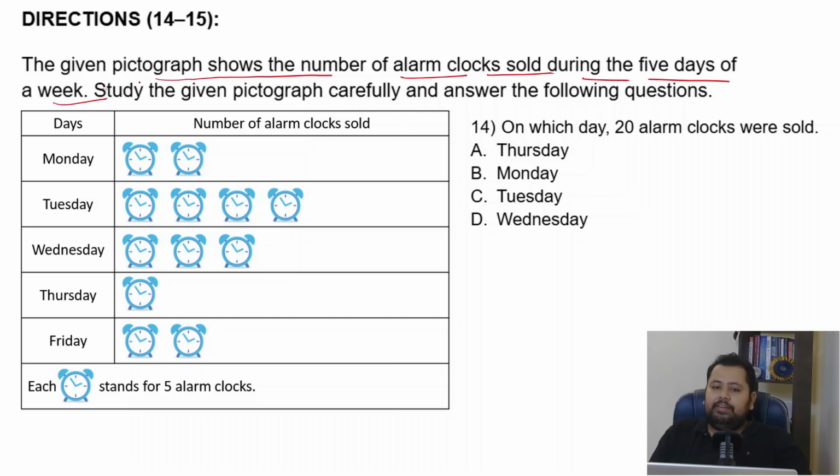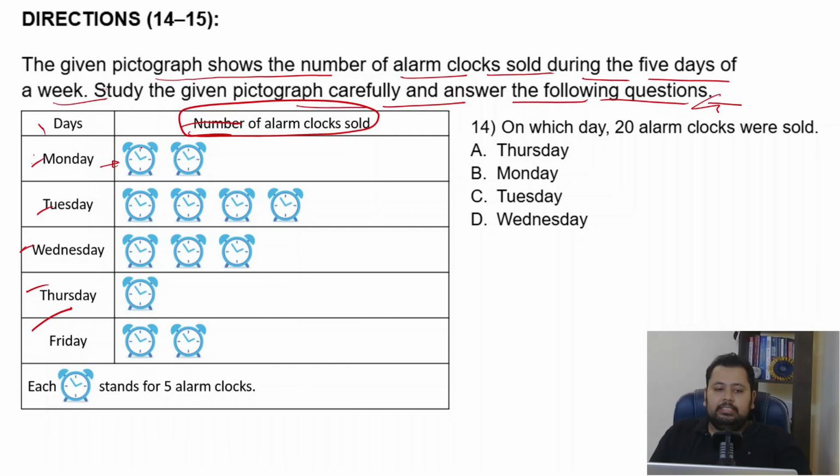Right? During the 5 days of a week, some number of alarm clocks are being sold. Study the given pictograph carefully and answer the following questions. Okay, question 14 and 15. So, days are given, that is Monday, Tuesday, Wednesday, Thursday, Friday. And beside this, it shows the number of alarm clocks sold.